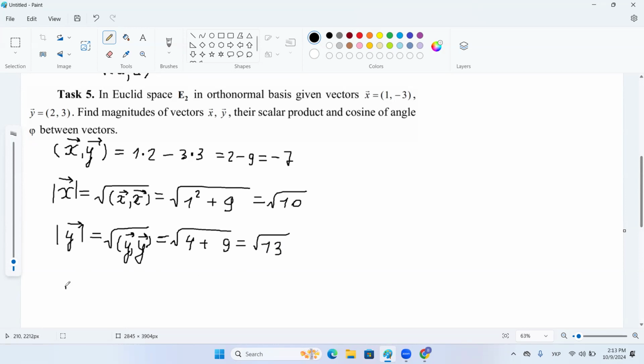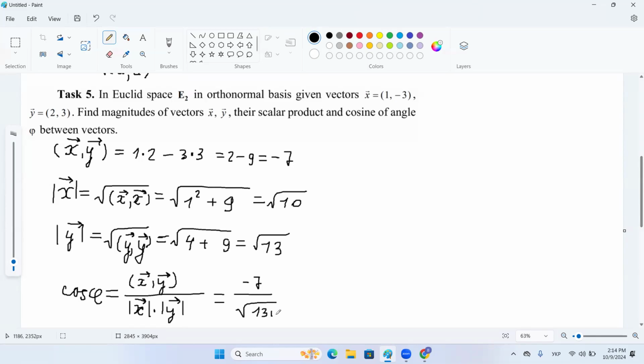And the cosine of the angle phi between these vectors equals the scalar product divided by the product of magnitudes. So -7 divided by the square root of 130.